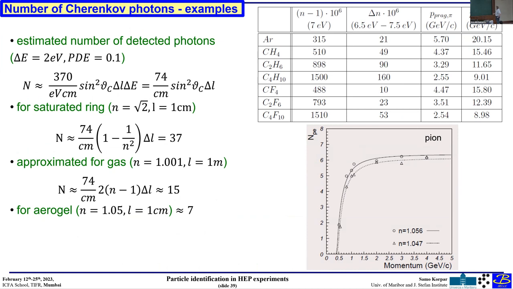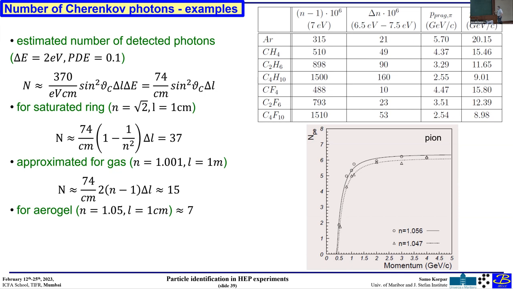And for the saturated rings, this sine square is 1 minus cosine square, and cosine square is 1 over n squared. So you get this formula. And putting in, let's say, glass, which has a refractive index of roughly square root of 2, 1.4, you get about 37 photons per 1 centimeter of glass detected in principle in your detector.